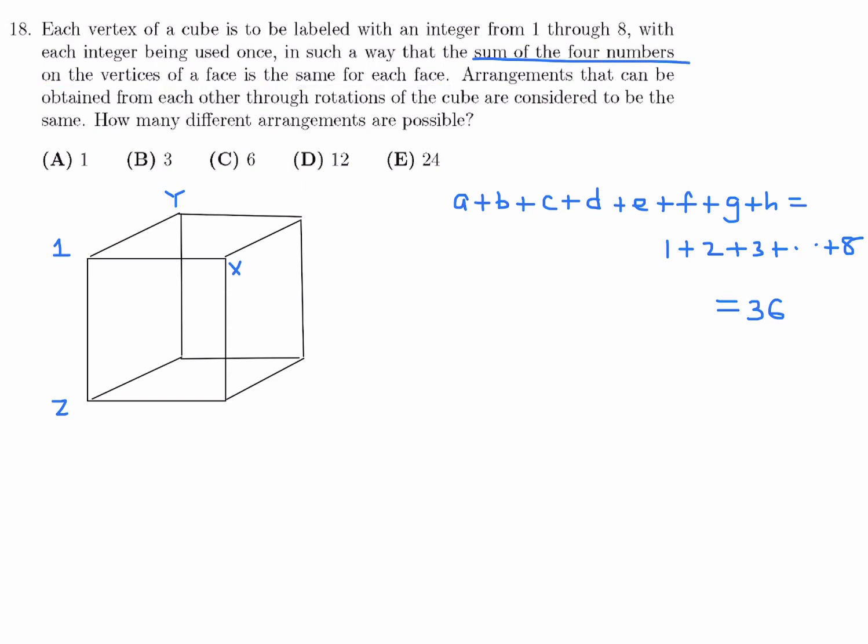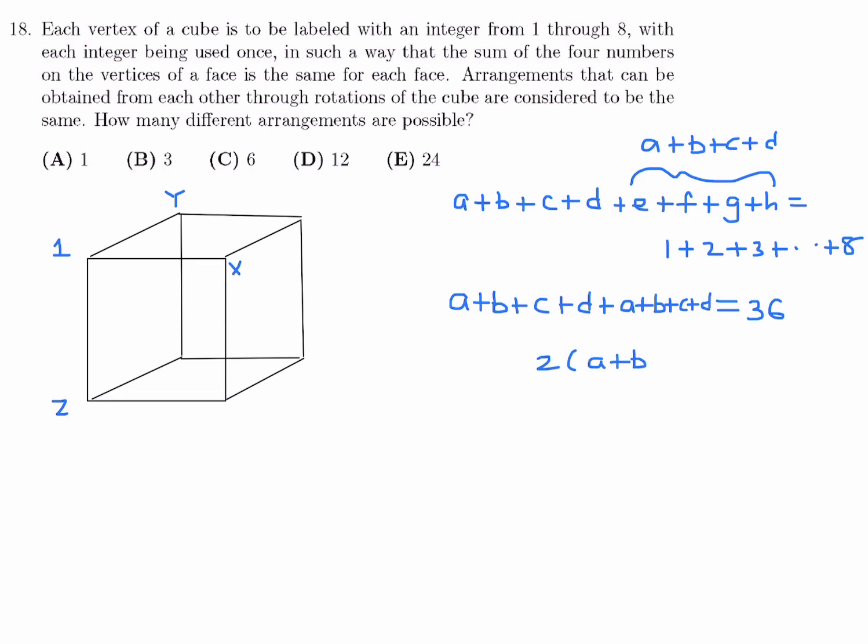that the sum of the four numbers on the vertices of a face is the same for each face. So if I had, let's say, A, B, C, D on one face and E, F, G, H on another face, those two have to be the same. So that basically means that A plus B plus C plus D has to equal E plus F plus G plus H. So instead of that, I'll just put in A plus B plus C plus D. And here I get 2 times A plus B plus C plus D is equal to 36.